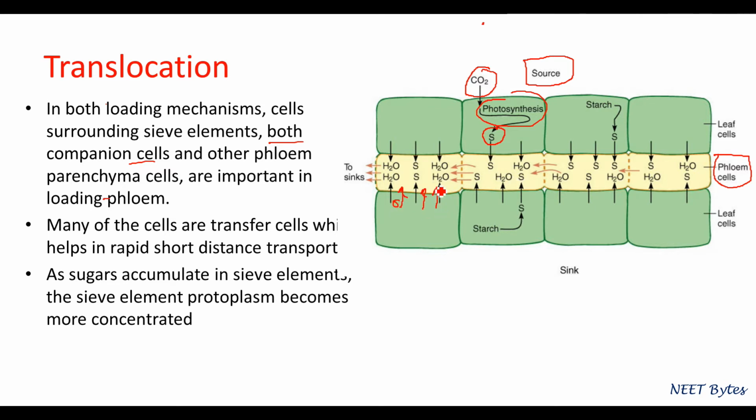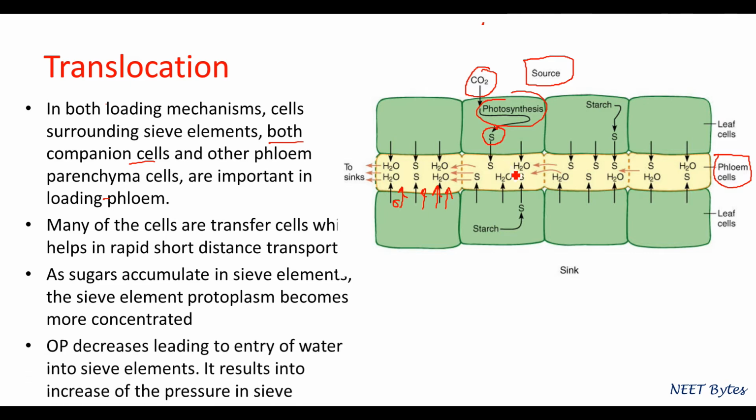The protoplasm becomes more concentrated, and once it becomes concentrated, water will start flowing in to balance the concentration. Once the sugar comes in, some sort of pressure is going to develop inside the phloem cells. This pressure is utilized for the flow of the entire solute, right?